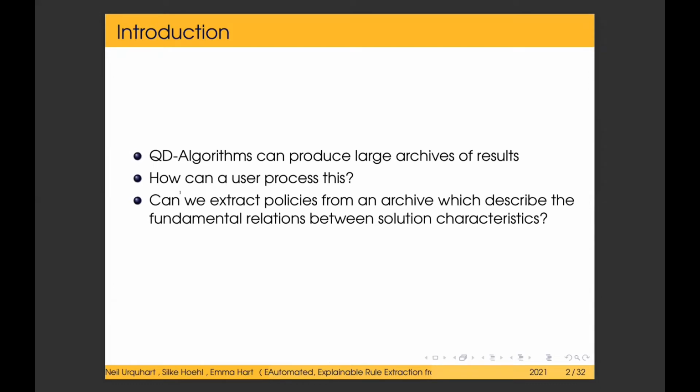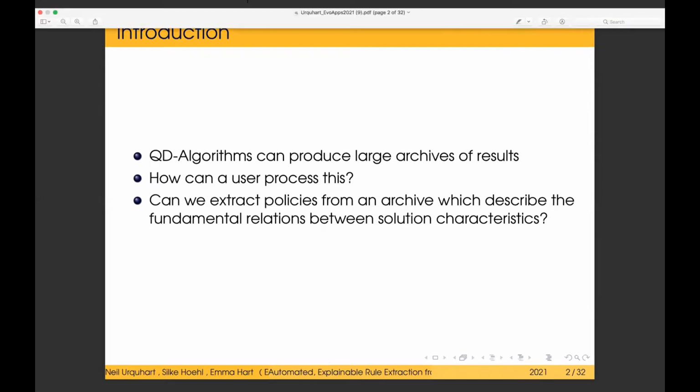So I've been working for a few years now with quality diversity algorithms, in particular MAP-Elites. For those who are not familiar with these algorithms, rather than optimizing to a single solution, they optimize to an archive of solutions which hopefully are representative of the solution space, and they allow the expert user to make the final choice of solutions.